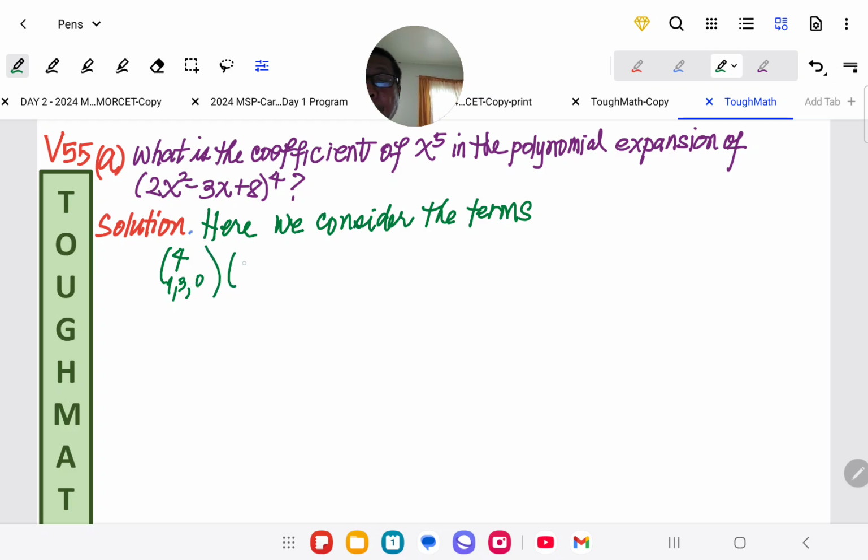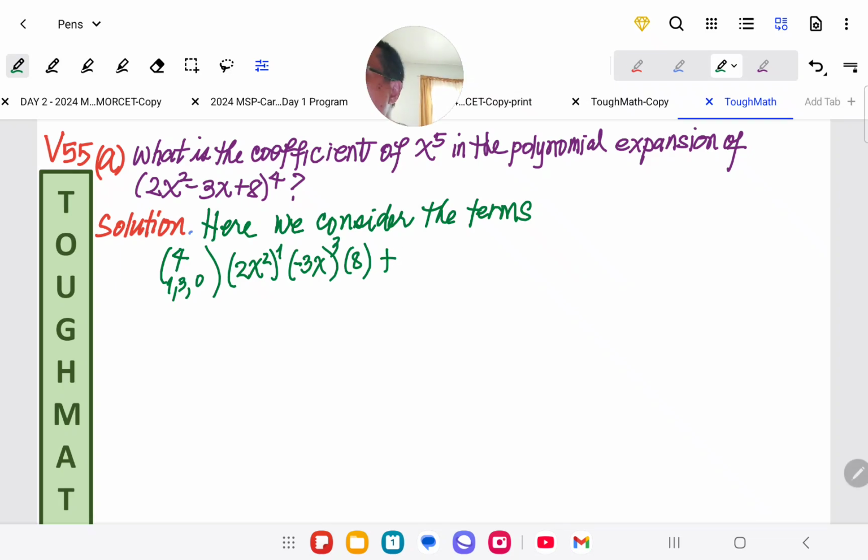The 1 is for the 2x squared, so 2x squared you raise it to the power 1, and then 3 is for the coefficient 3x, and then the 0 is for the 8. So when you multiply these coefficients, it will give you x to the fifth.